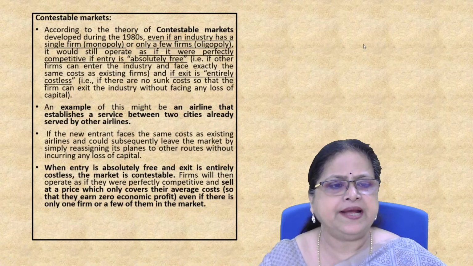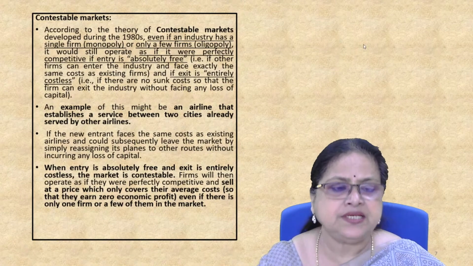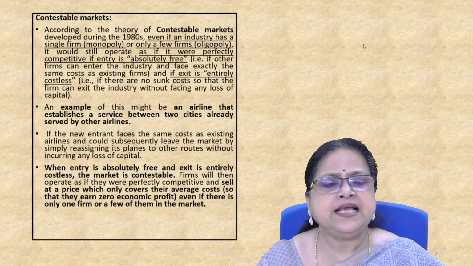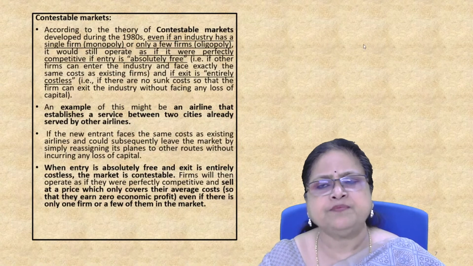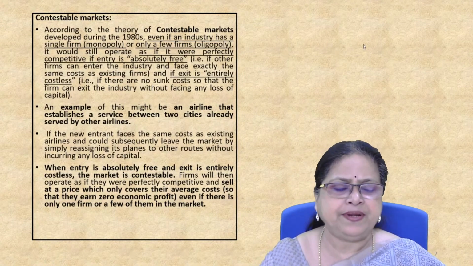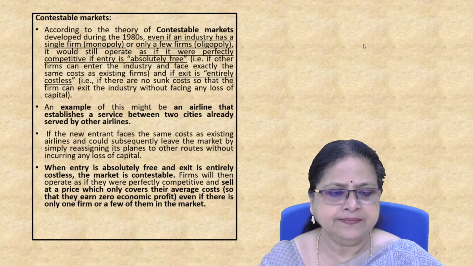That is the idea. If the new entrant faces the same cost as existing airlines and could subsequently leave the market by simply reassigning its planes to other routes, or maybe selling them to other firms without incurring any loss of capital, then that type of situation is known as a contestable market.